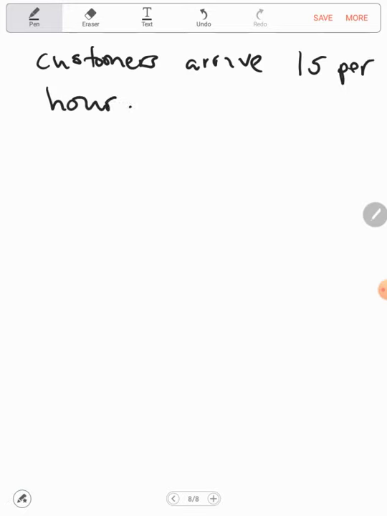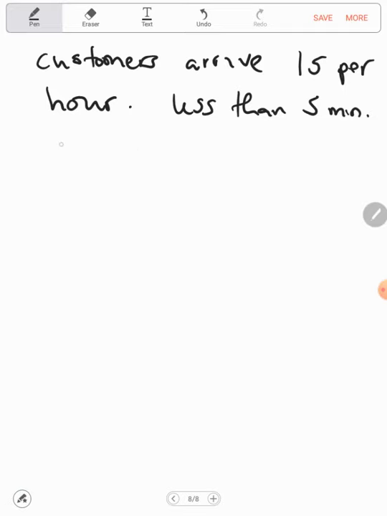What is the probability that the arrival time between consecutive customers is less than 5 minutes? Arrival time is less than 5 minutes. Okay, so here we note that lambda again is the time between arrivals.